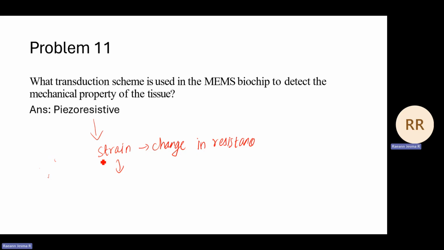First, we know that the sensor or the chip is having some sort of piezoresistive material. If we are having an indenter and we are pressing the tissue, then some force is given. But due to the elasticity of the tissue, the amount of force that is transmitted from the indenter back to the sensor will depend on how much elasticity is present in the tissue.